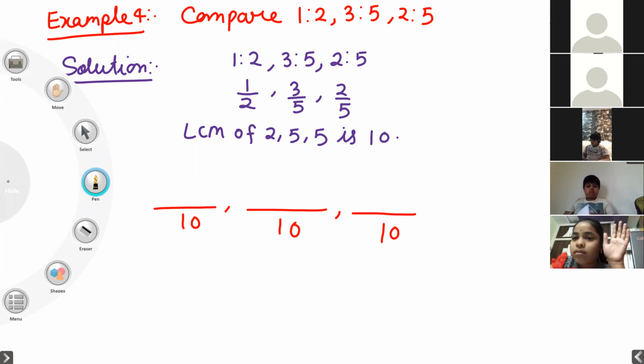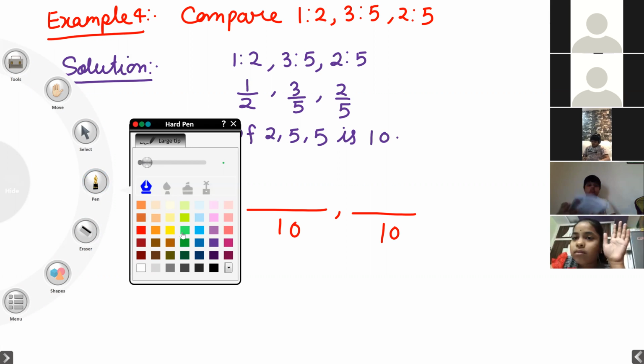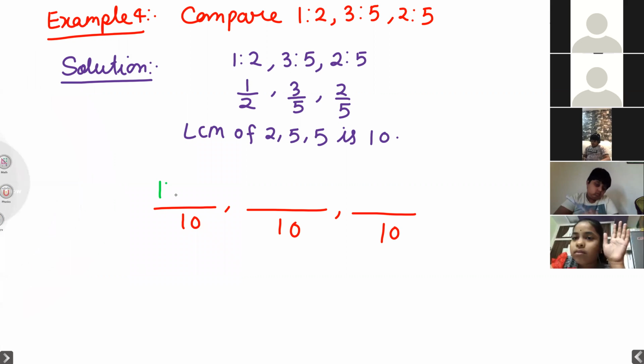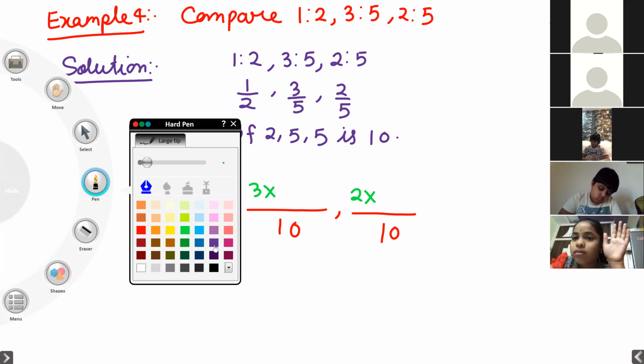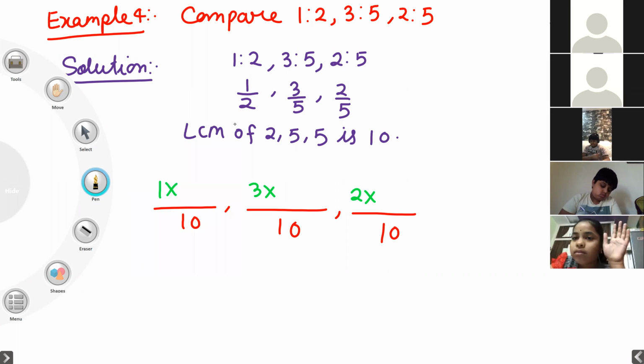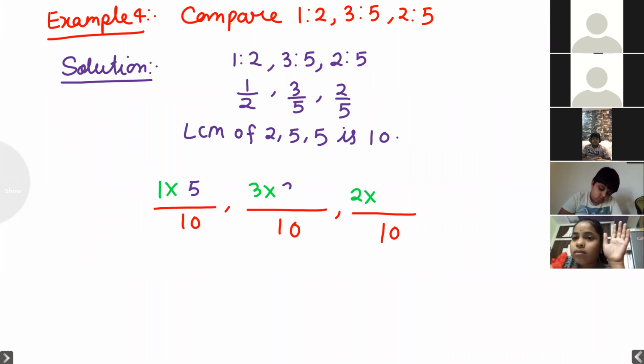First numerator is 1 into 3 into 2 into. Now LCM divided by first denominator. 10 divided by 2, 5. 10 divided by 5, 2. 10 divided by 5, 2. 5 ones are 5. 5 by 10, comma 6 by 10, comma 4 by 10.